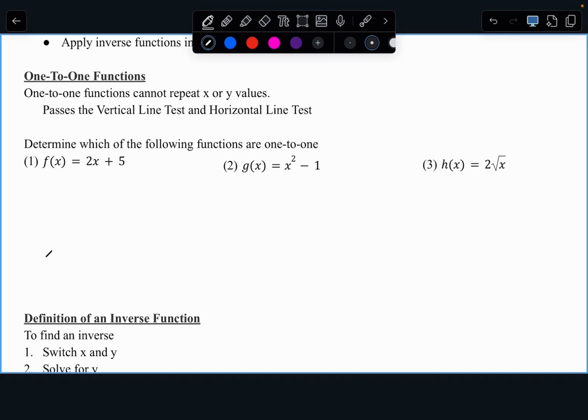This graph looks like this. This is one-to-one. Because I can put a vertical or a horizontal line on that, and none of it will repeat.